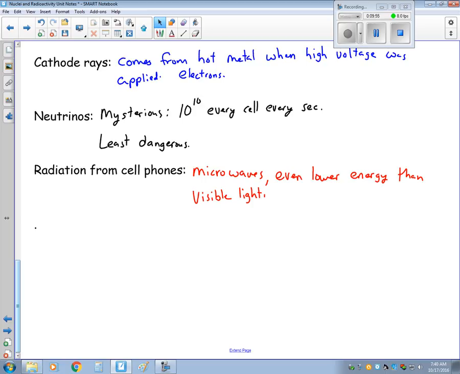These microwaves do not break up DNA. They pose no risk whatsoever. So use your cell phones in confidence. They are not harming you. The same goes for the microwave oven in your home. It is invisible light, so it's very similar to visible light, but it has even less energy than visible light.